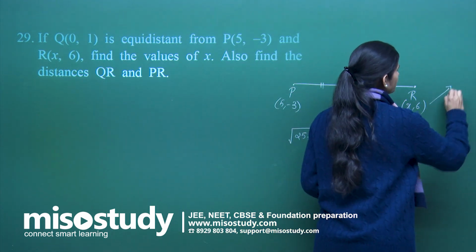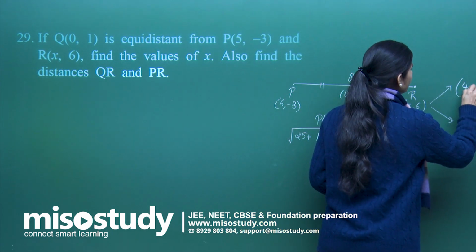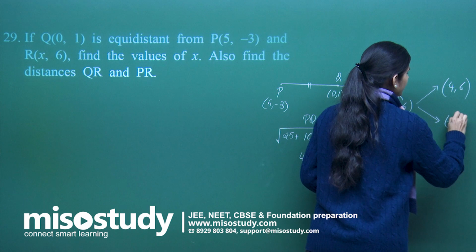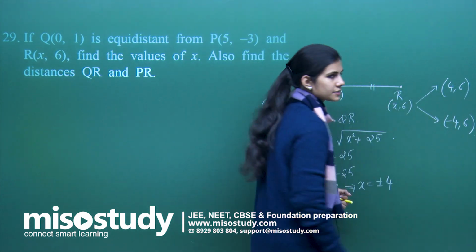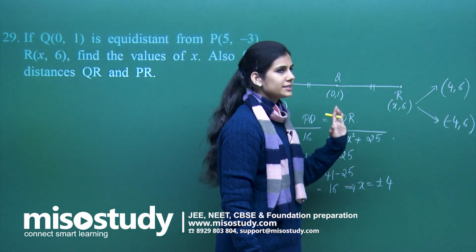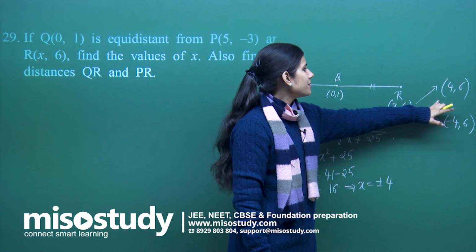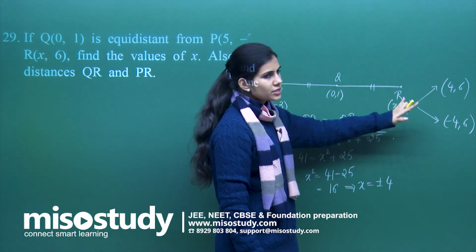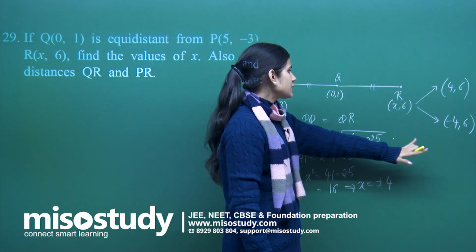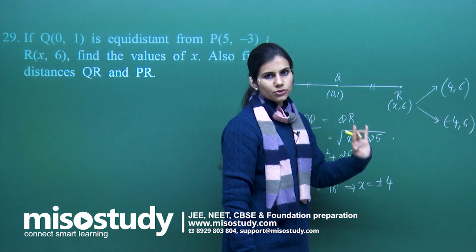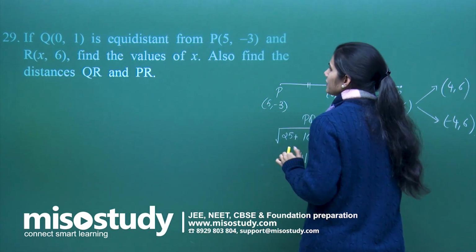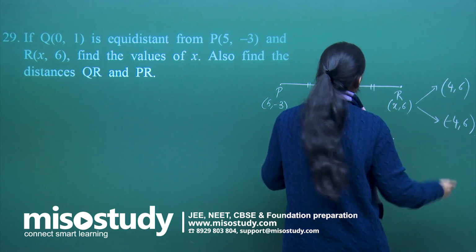So there are two options with R. R can be 4, 6 or R can be minus 4, 6. Okay, two possibilities for R. If R is 4, 6, then also PQ is same as QR, and if R is minus 4, 6, then also PQ is same as QR. So with both these R's, I will calculate the distances QR and PR.